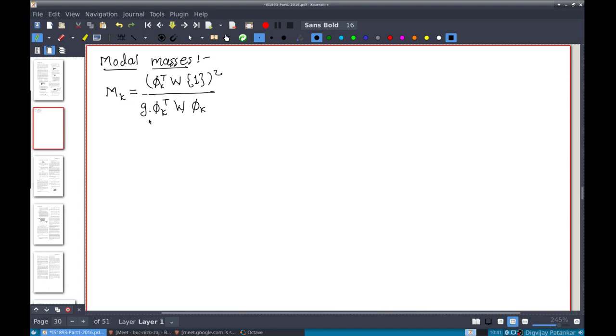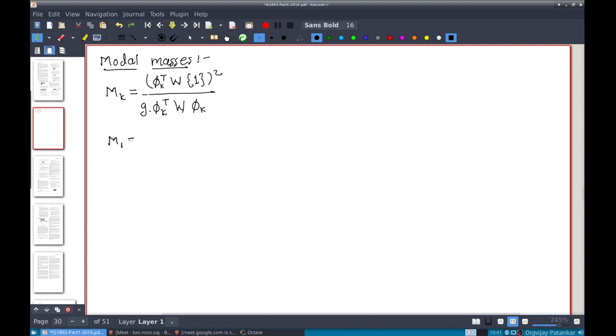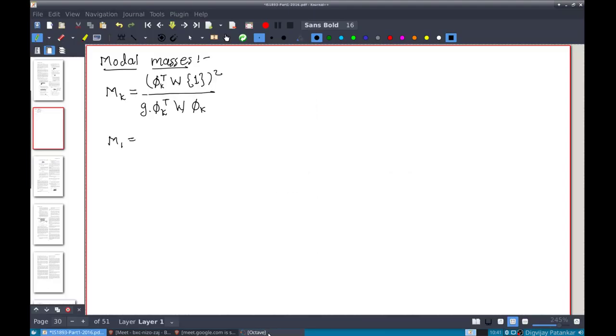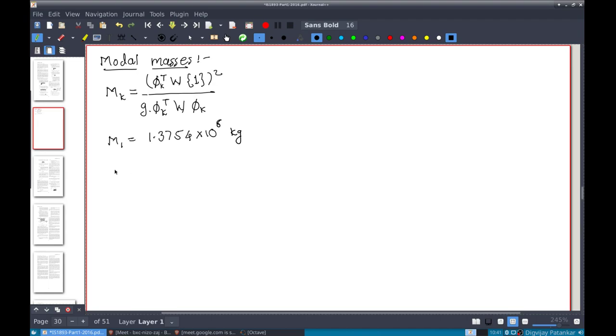Based on this expression I have found M1, which is equal to 1.3754 into 10 to the power 6 kg. Find out M2.